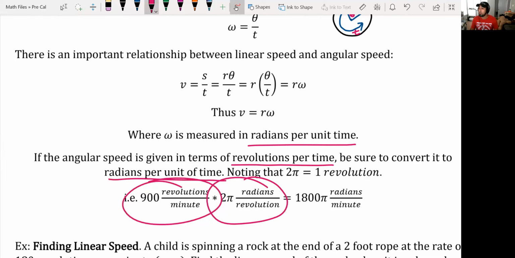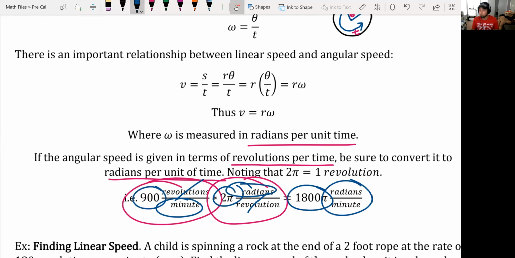Because we know that 2 pi radians is the same as 1 revolution, which means your units of revolutions will cancel, giving you 900 times 2 pi, which is 1800 pi, and the units that are left are radians per minute. So if you're ever given revolutions per time, you must convert and use this formula. If you do not see those words, revolution per time, then you use the two formulas above.